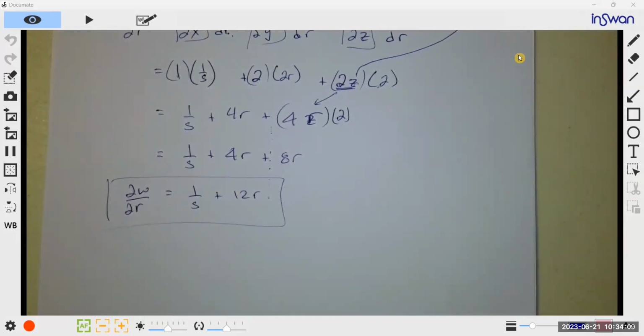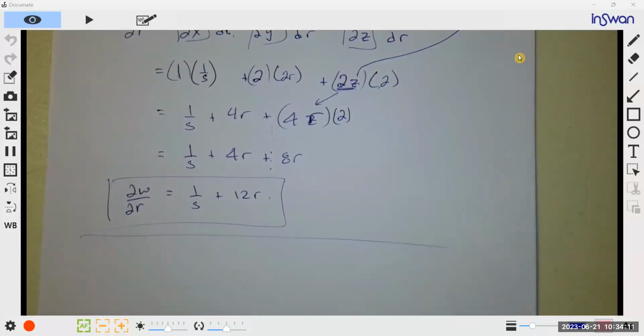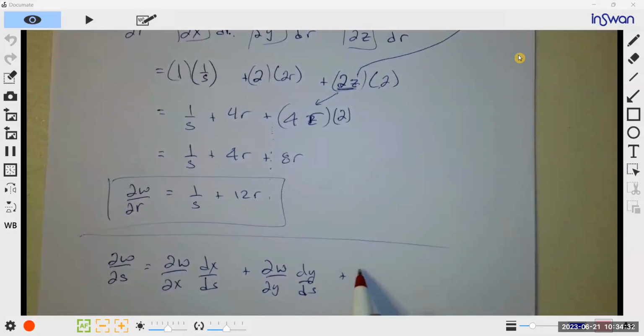Now we do the same thing with respect to S, which is going to be partial with respect to X, dx ds, partial with respect to y, dy ds, partial with respect to z, dz ds.